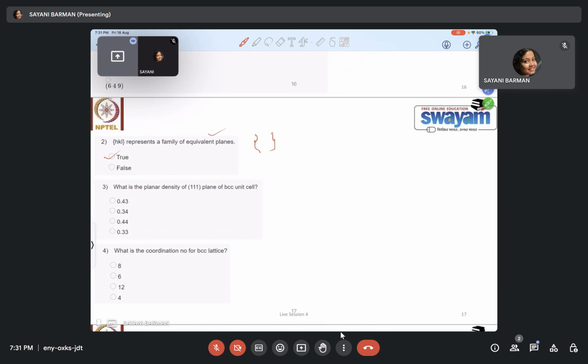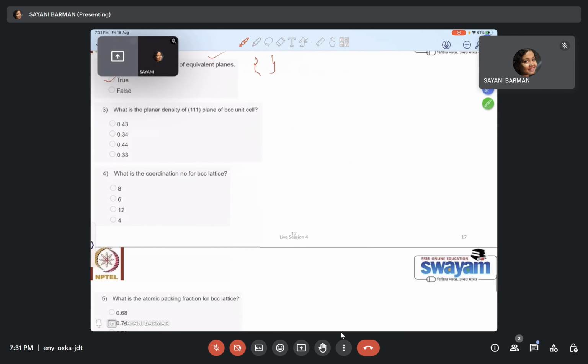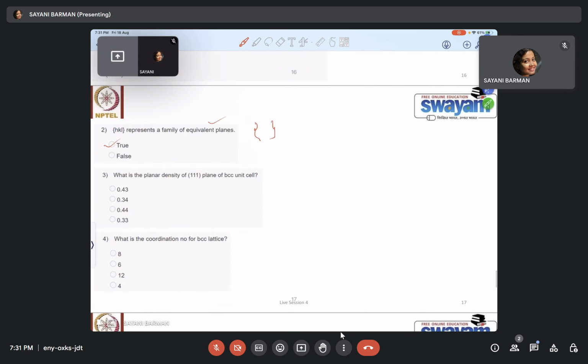What is the planar density of a 111 plane in BCC unit cell? Okay, so it would be like this. It is 0, 0, 0. This one is the origin.